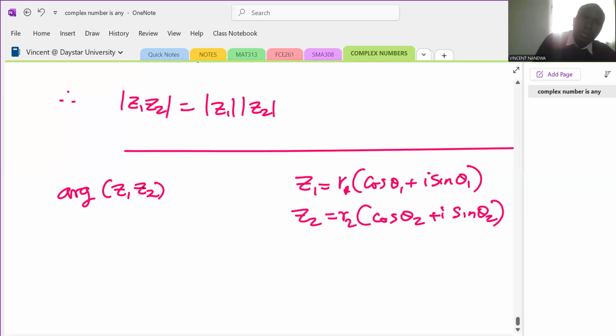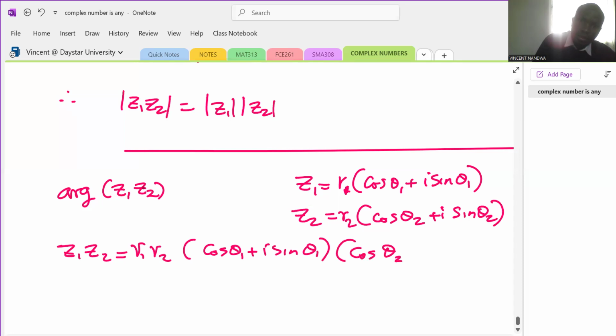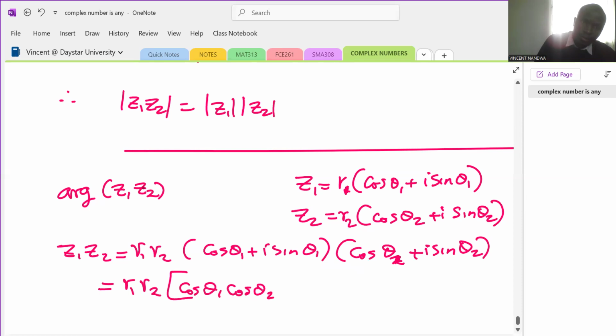So if we multiply Z1 and Z2, then we'll have R1 R2 into (cos theta 1 plus i sin theta 1) times (cos theta 2 plus i sin theta 2). So this will be the same as R1 R2 (cos theta 1 cos theta 2 plus i cos theta 1 sin theta 2).